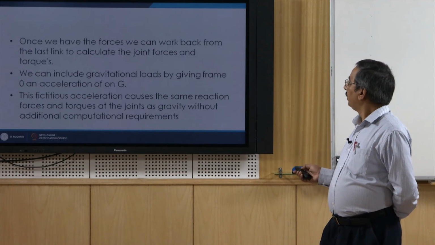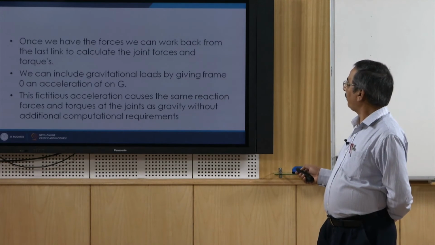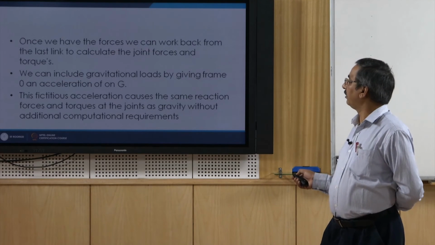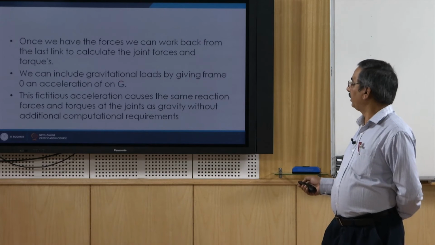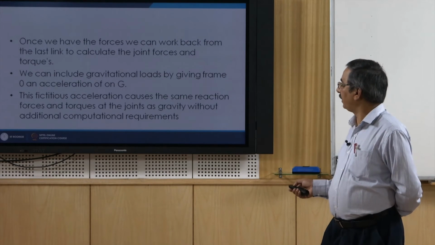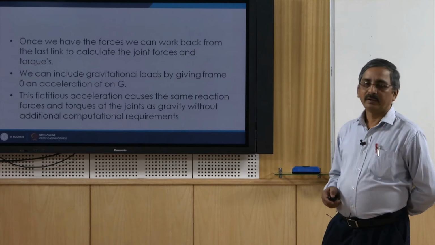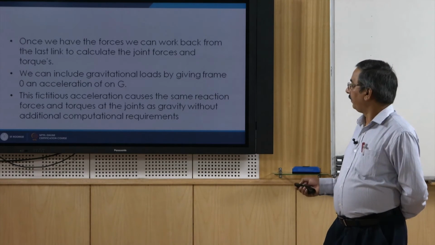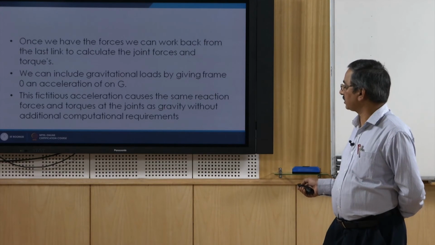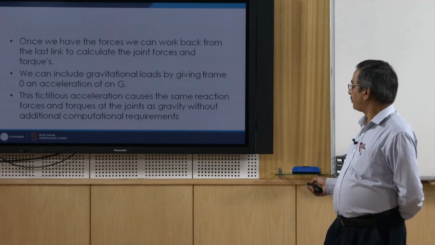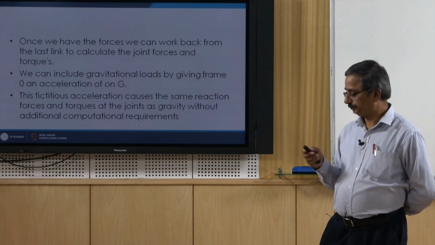Now, once we have the forces, we can work back from the last link to calculate the joint forces and torques. We can include gravity load by giving frame 0 an acceleration of, say, g. This fictitious acceleration causes the same reaction forces and torques at the joints as gravity, without additional computational requirement.